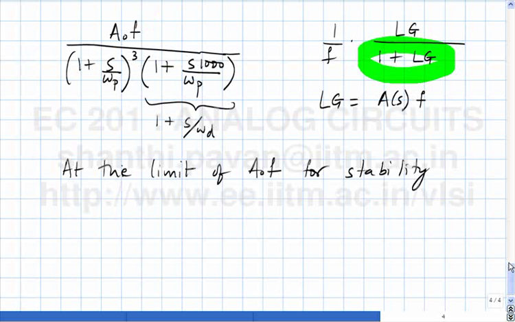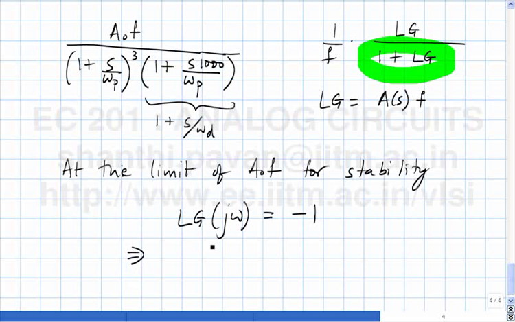An alternate way of doing the same thing is to find when the loop gain function becomes equal to -1. Does it make sense? To be a little more precise, the loop gain function evaluated on the j omega axis becomes equal to -1.